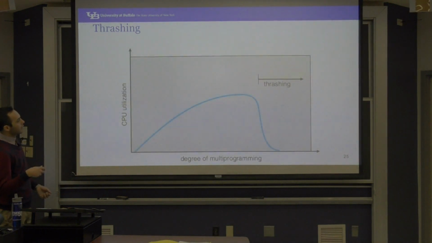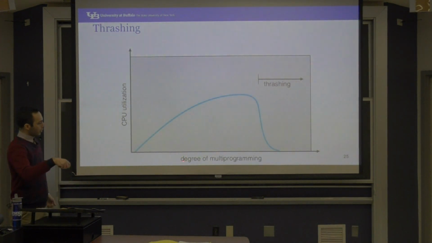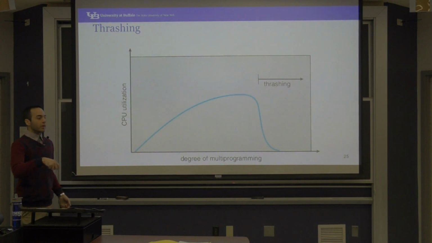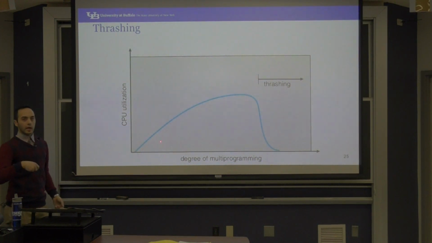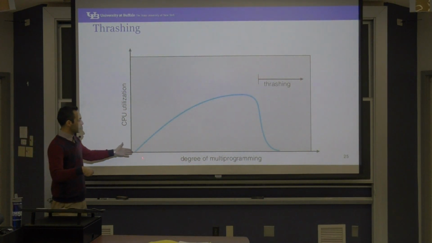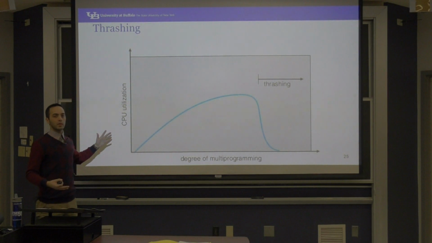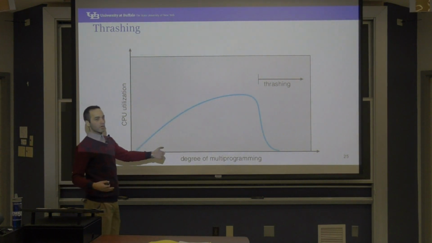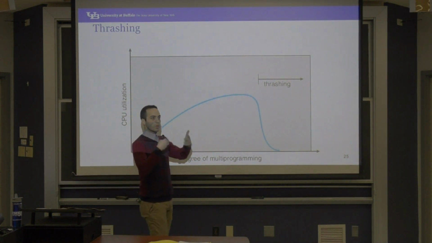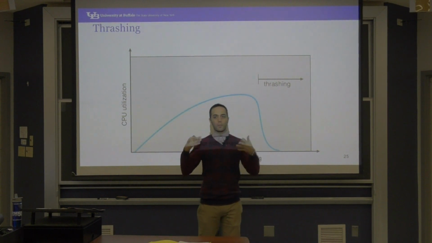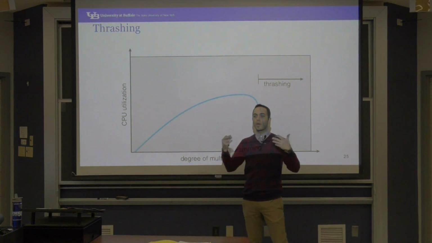So let's take a look at the graph for this. The degree of multiprogramming and the CPU utilization look something like this. When you start, the CPU has only one program. It's obviously doing I/O or whatever. The CPU is not going to be busy all the time. As you increase the number of processes, the CPU can juggle more processes at the same time and basically use the memory better.